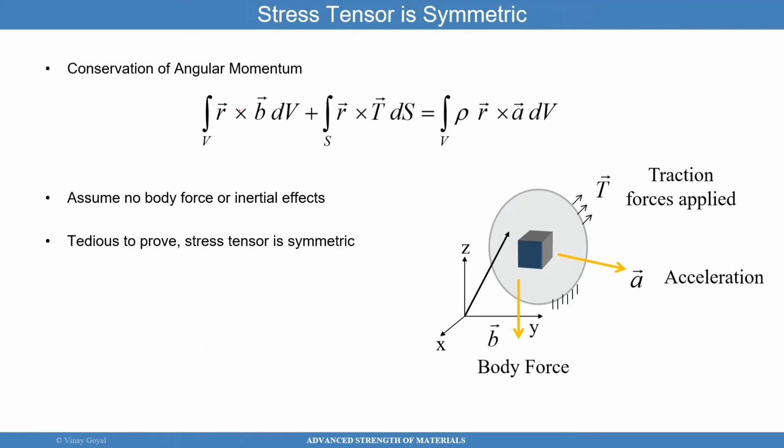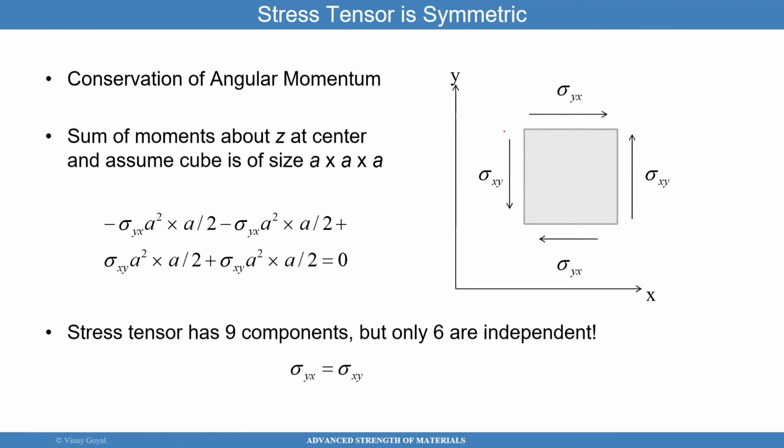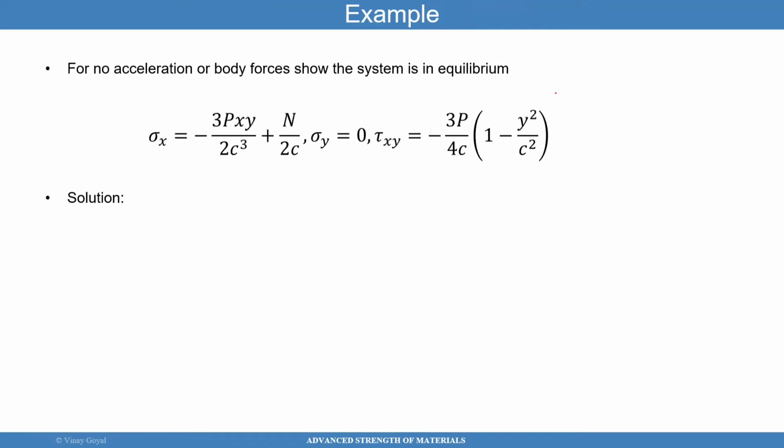I'll do it for this, for this, and for that. Once I do that, I can prove that the stress tensor is symmetric, but the proof is not easy, and I prove that in a more advanced, graduate level course. Instead, let's just make it easier. I know that sigma yx is acting on this face.